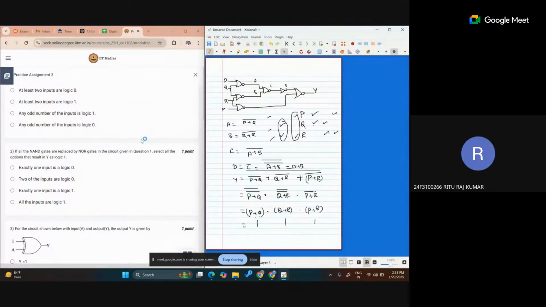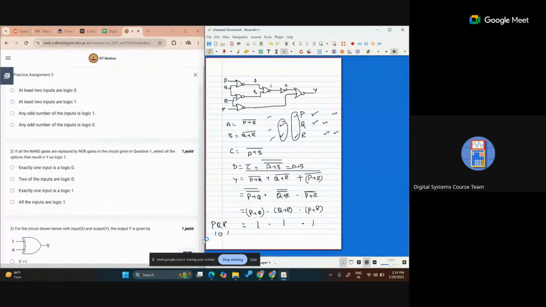The correct answer, sir, is option D, all the inputs to be one. Okay, that is also a third option. Anyhow, at least two to be high is enough, because either P or Q is high. If suppose P and R are high, let's have P, Q, R, these two high, this is 0. What is this answer? 1 dot 1 dot 1.